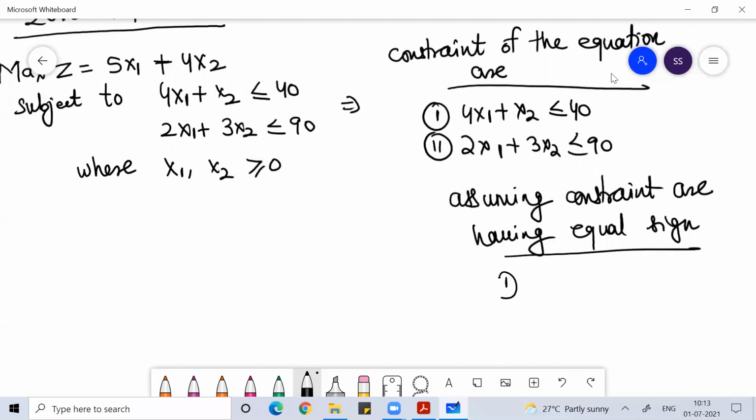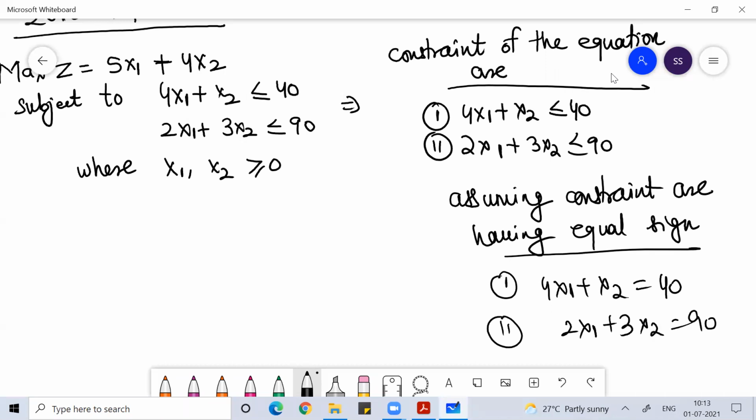So your constraints will become 4x1 plus x2 is equal to 40, and 2x1 plus 3x2 is equal to 90.